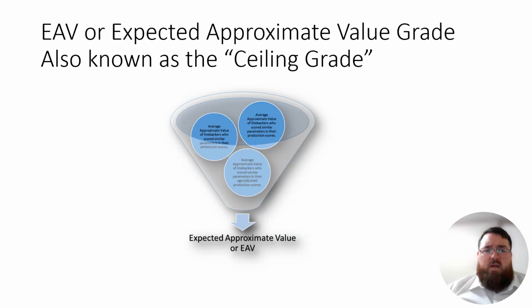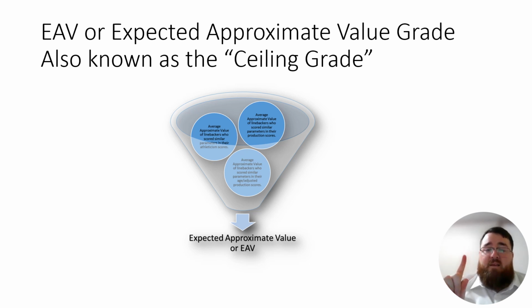Now, in terms of the other grading, I do an EAV or expected approximate value grade. So this is based on their overall data grade, taking a look at their production, their age, their athleticism traits, strength of schedule, strength of team, all those different factors. This number takes all of their data and boils it down into one number.